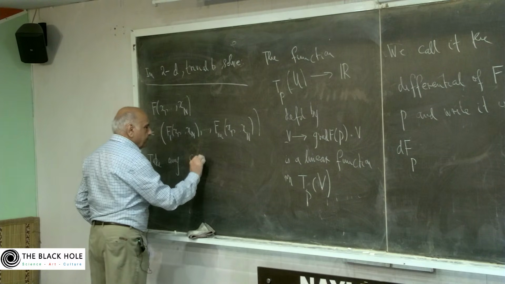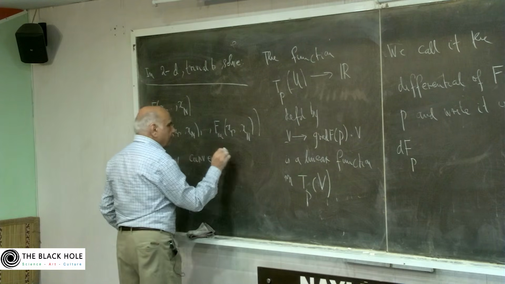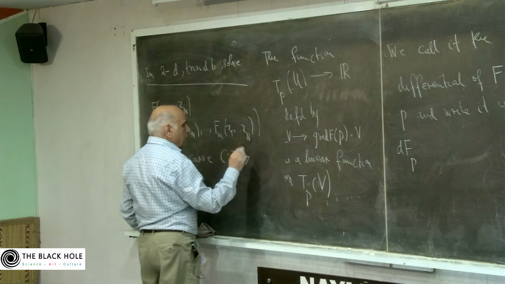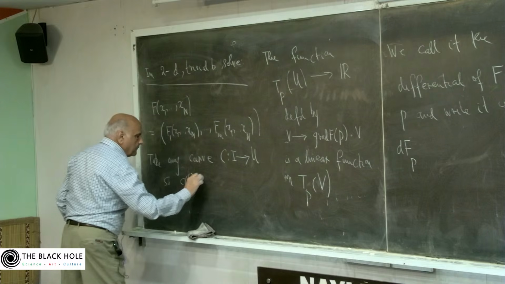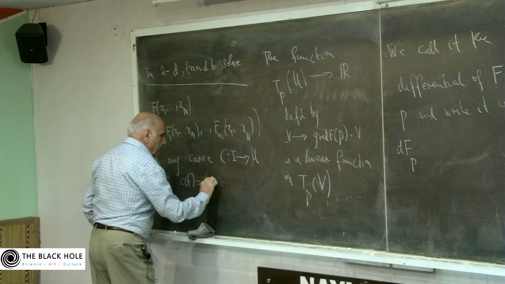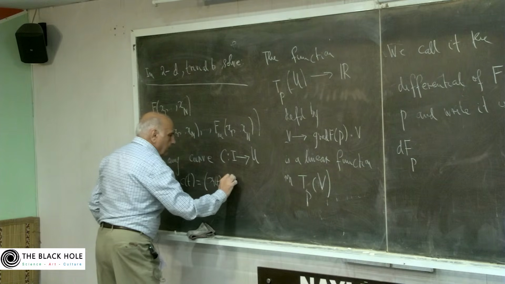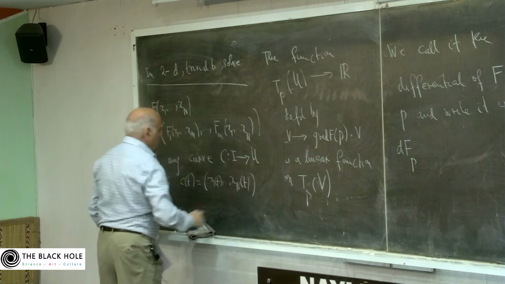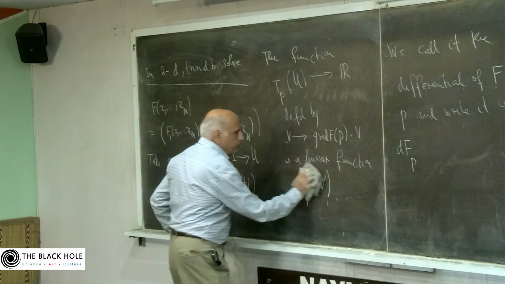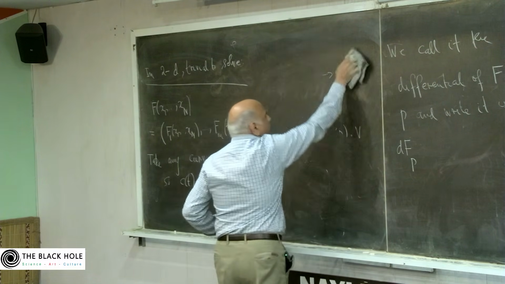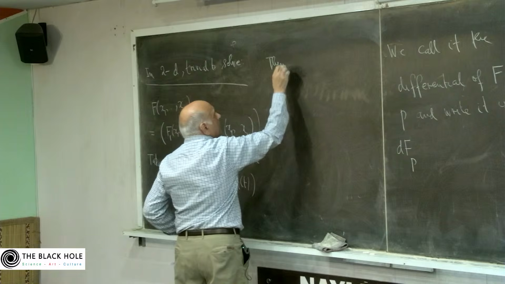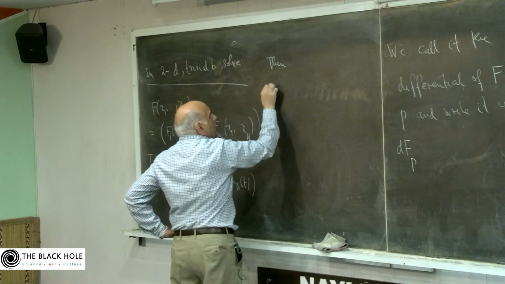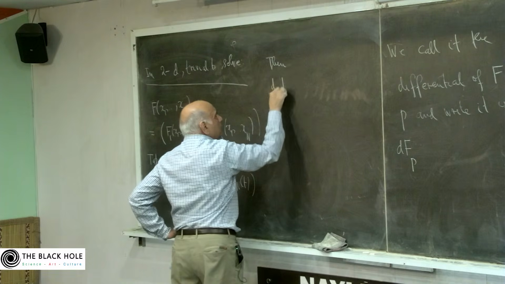Okay, take any curve C from an interval I to U. So C of t is some functions of t, x1 of t up to xn of t. Okay, and you compute then d by dt of f of C of t.